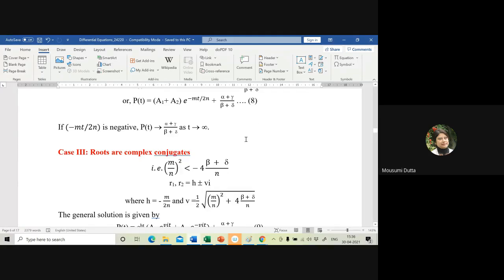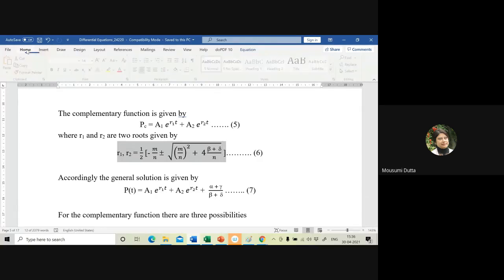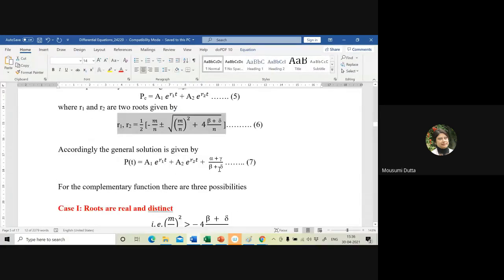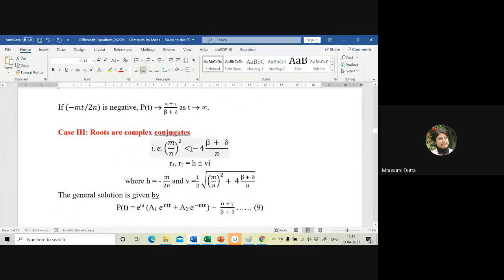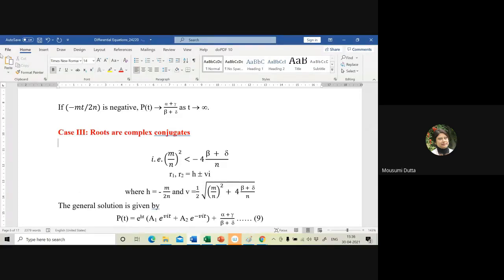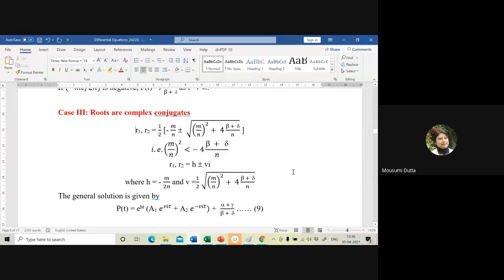If we go back to the root values once again, I'll copy the root values here.